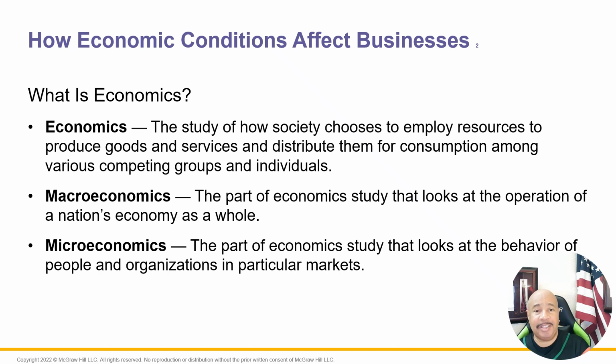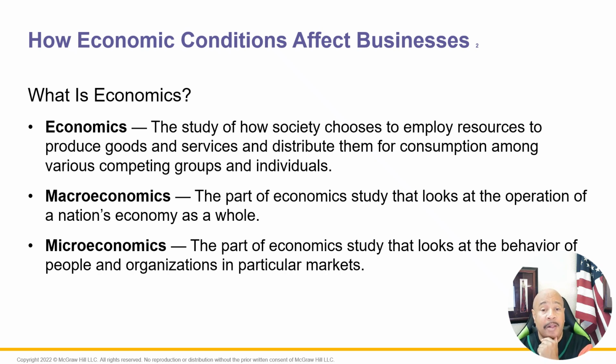How economic conditions affect businesses. These are the conditions. So what is economics, first of all? Economics, we know, is the study of how society chooses to employ resources to produce goods and services and distribute them for consumption amongst various competing groups and individuals. I like that one part of that definition is various competing groups. What does that mean to you?